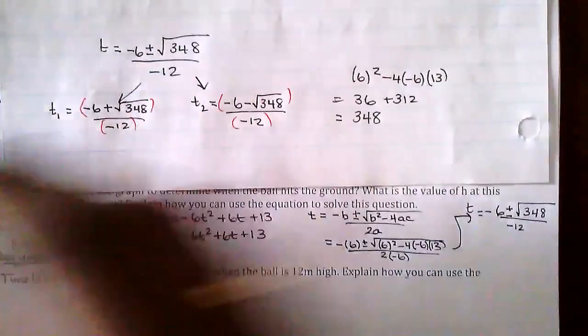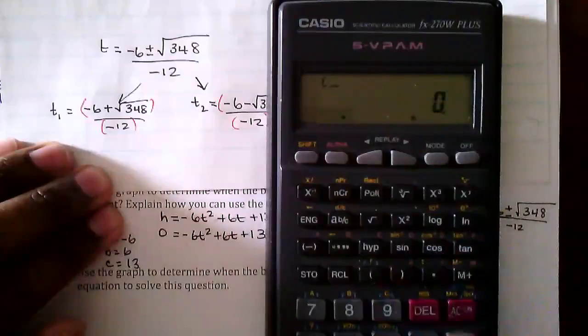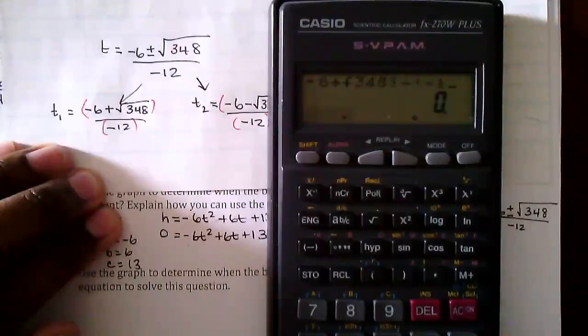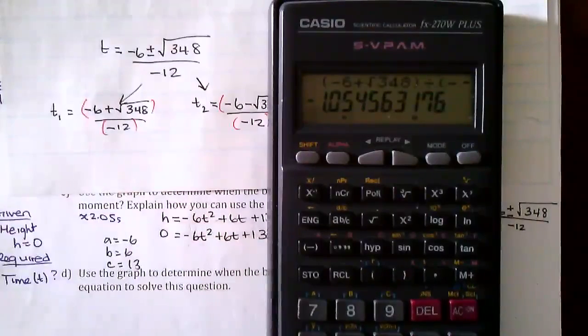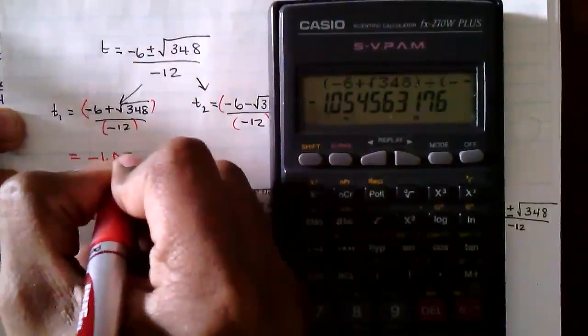Okay, so let me just do this quickly on my calculator. So again, to show you, you want to put brackets, negative 6 plus root 348. Let me see if I can increase the brightness a bit. No, I cannot. Divided by negative 12, which gives me negative 1.05.